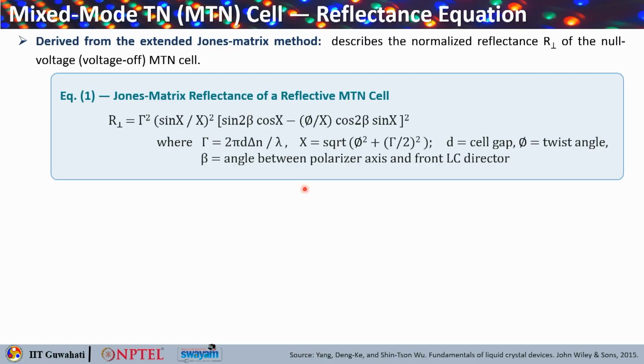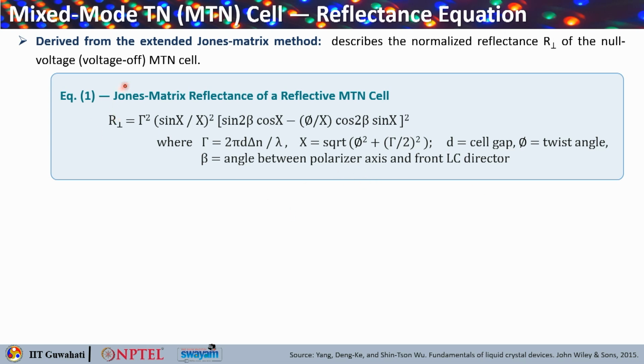So, in this particular slide we will talk about the mixed mode twisted nematic cells. This basically provides the master formula that predicts how much light a reflective MTN cell sends back to the viewer as a function of the applied voltage, cell parameters and viewing geometry.